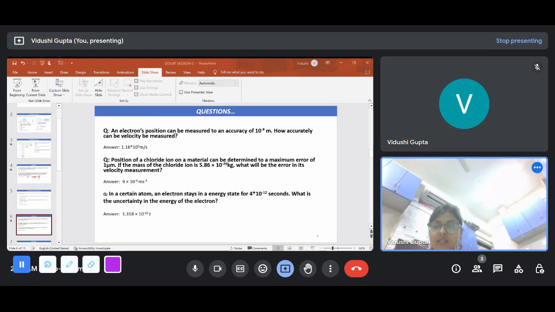What's v? V is the relative velocity. You know it is given as kilometer per hour. So you have to convert it into meter per second. So it will be 16.67.